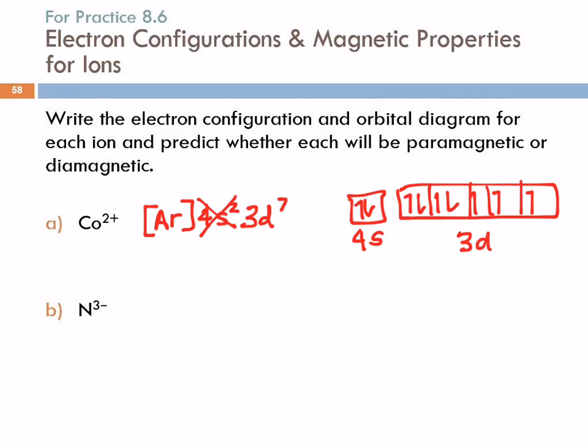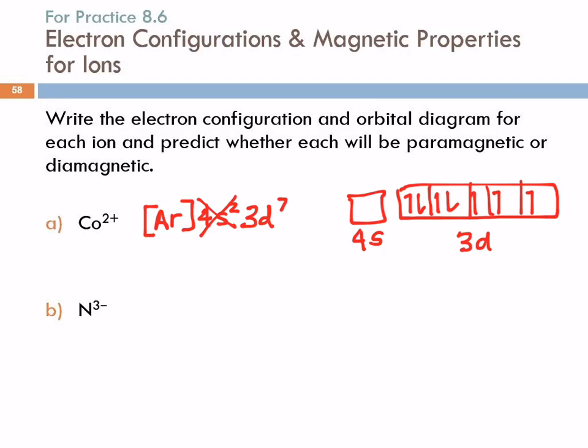And over here in the orbital diagram, it's these two guys that disappear. I'm going to get rid of them. Gonzo. So to identify whether this is paramagnetic or diamagnetic, we look at the orbital diagram and see, are there unpaired electrons? Yes, there are.